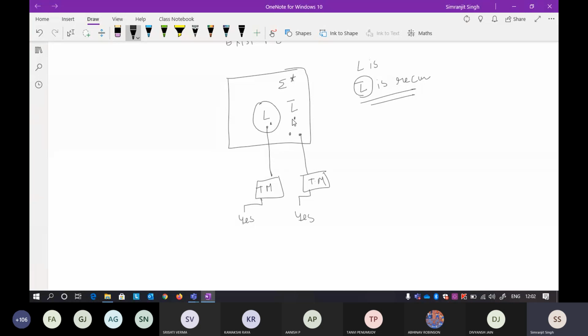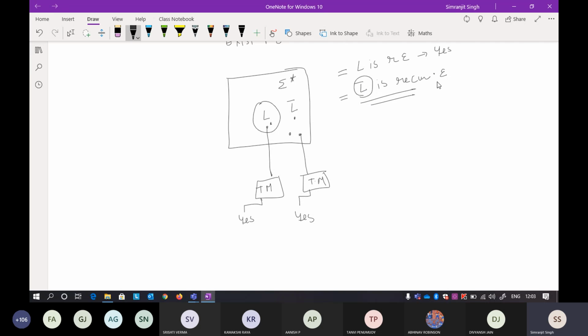So by this, if you look at this being L and this being L dash, one thing we can say definitely is that L is recursively enumerable and L dash is also recursively enumerable. I'm giving you the proof, just look at it. L is recursively enumerable, so if the string is in the language, it can halt and say yes, the string lies in the language.